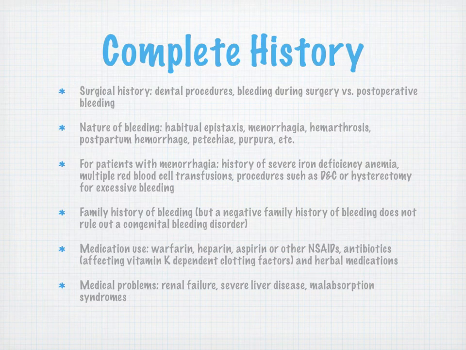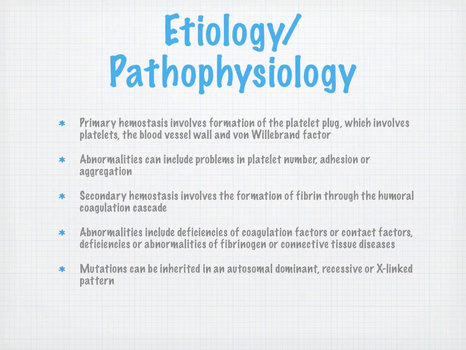So we're going to ask our patients for a complete history. We're going to find out everything we can. And you can read this slide on your own on the PDF. And you're going to ask all these questions. And then in terms of etiology and pathophysiology, we're going to remember that primary hemostasis involves formation of a platelet plug, which involves platelets, the blood vessel wall, and von Willebrand factor.